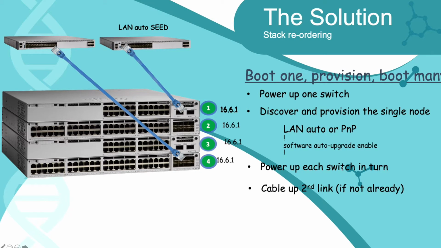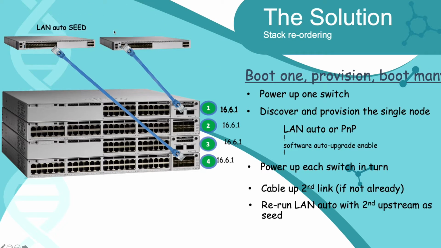And then cable up that second link, and you can then rerun LAN automation. So how that would work is we move the seed device over to this next switch. You run another LAN automation job, selecting this fella as your primary, and then this guy is the secondary node. Run LAN automation, and it will automate that as a layer 3 link.